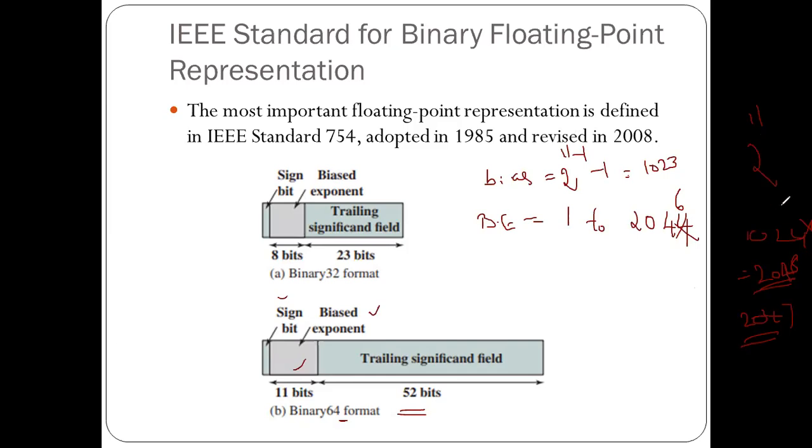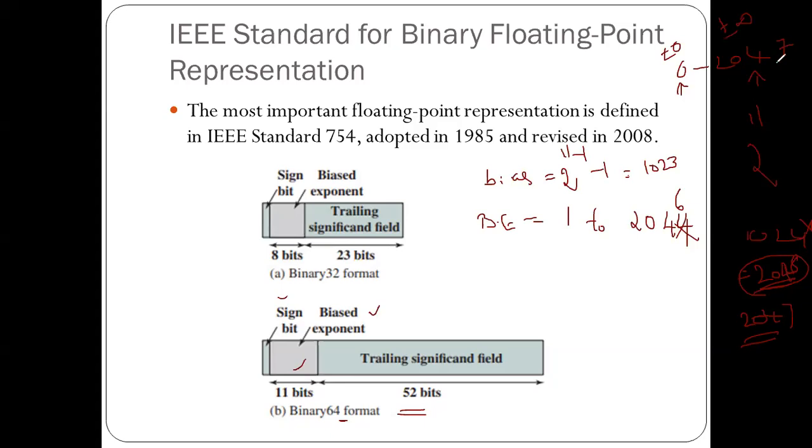So 2 power 11 is 1024 into 2, that is 2048. So these many exponents we may have, which range from 0 to 2047. This is 11 zeros, this is 11 ones. 11 zeros for representing plus or minus 0, 11 ones for representing plus or minus infinity.